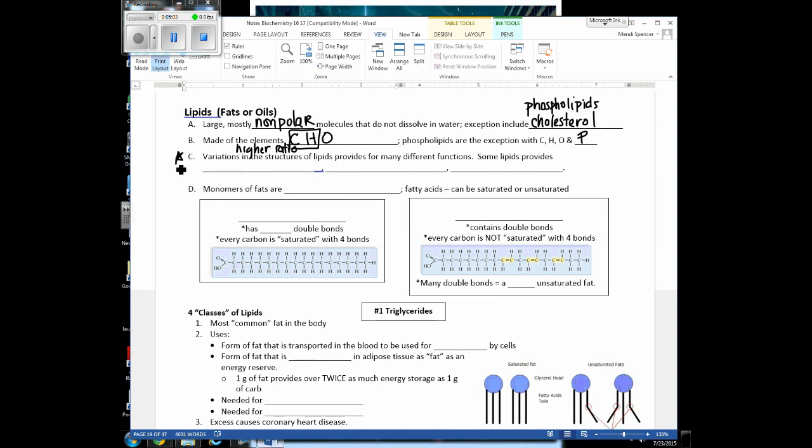There's lots of different lipids that vary a little bit in their structure, but that variation provides you a molecule that has a different task or a different function and can provide a different function for your body. So we have some lipids that provide energy. When you change the structure a little bit, then you have lipids that provide you a different function, like the phospholipids. They provide membrane structure.